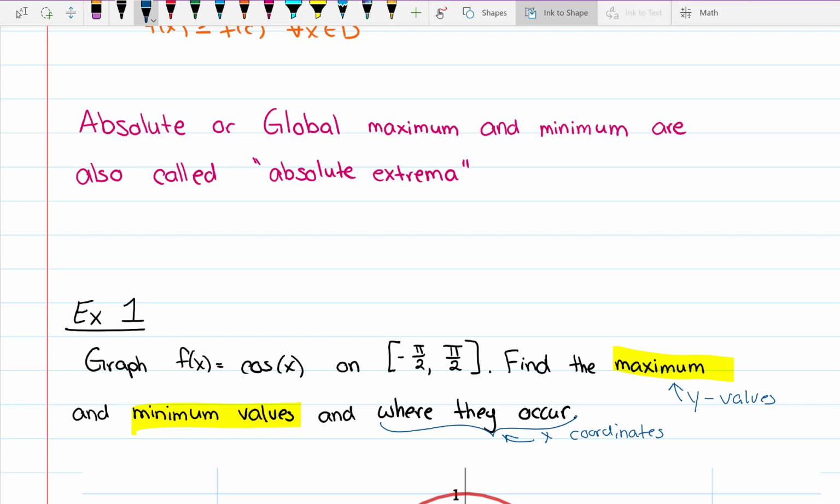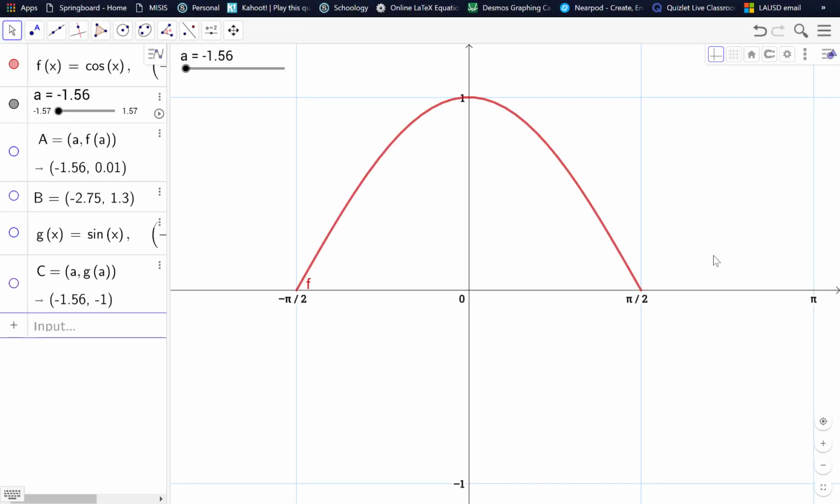So the first thing we need to do is graph cosine of x on that interval. So here's cosine of x on the interval from negative pi over 2 to pi over 2. I can look at the different values at which there's a minimum and maximum.